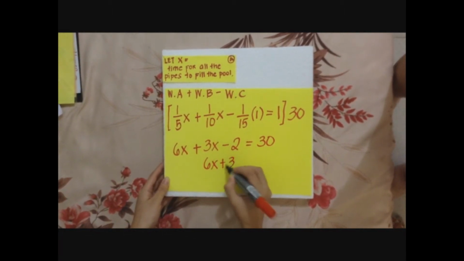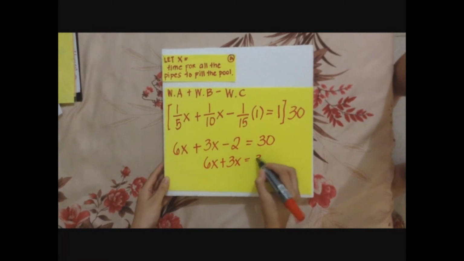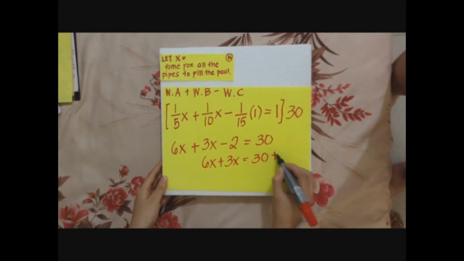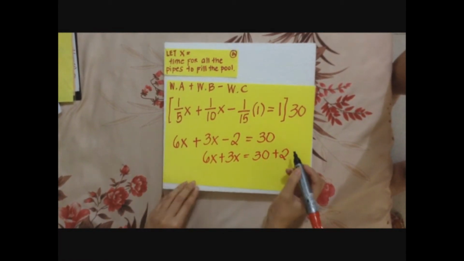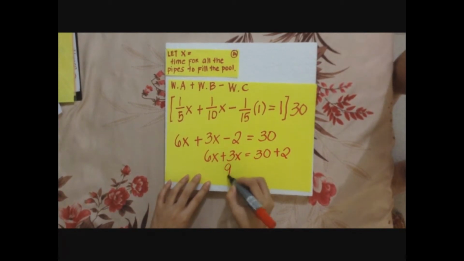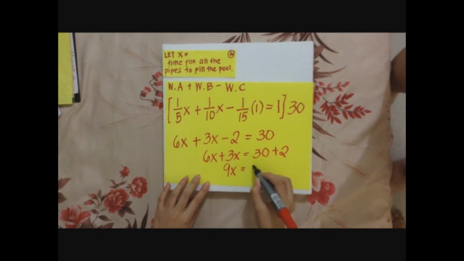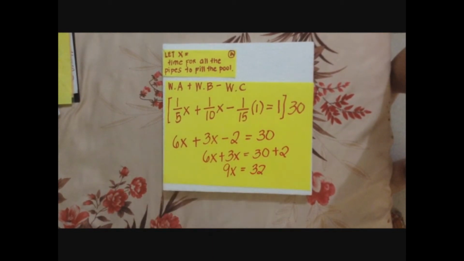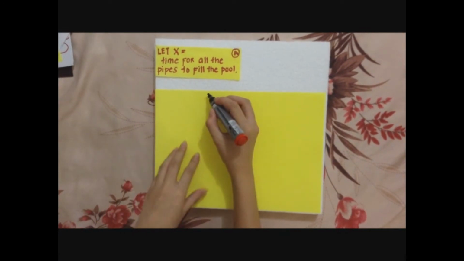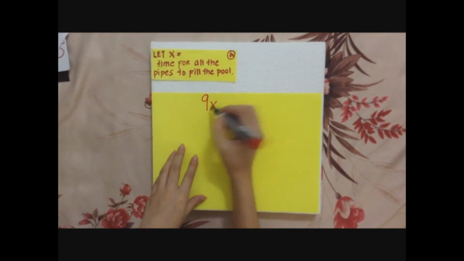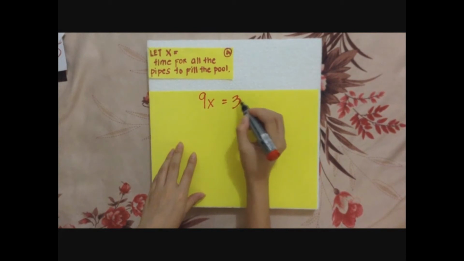6x plus 3x is equal to 30 plus 2. And then 9x. And then 32. So, from the previous equation, we have 9x is equal to 32.